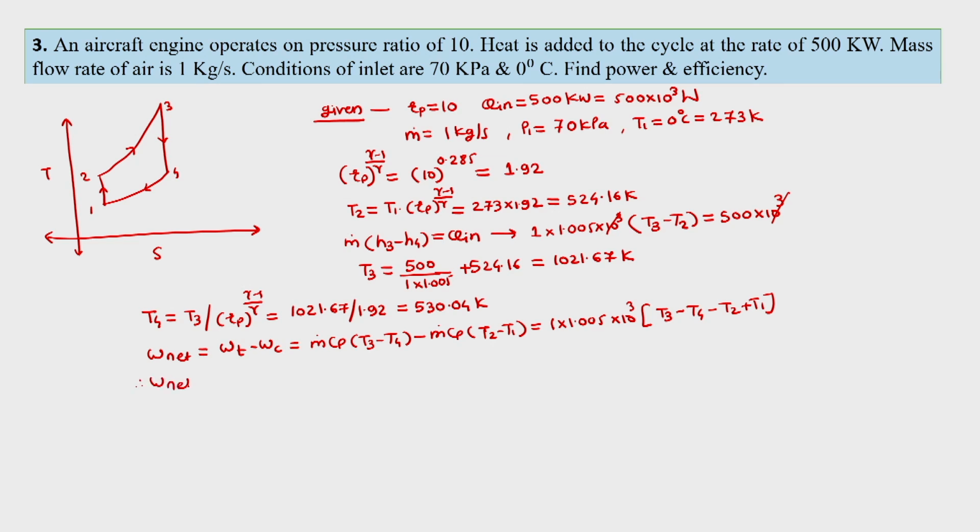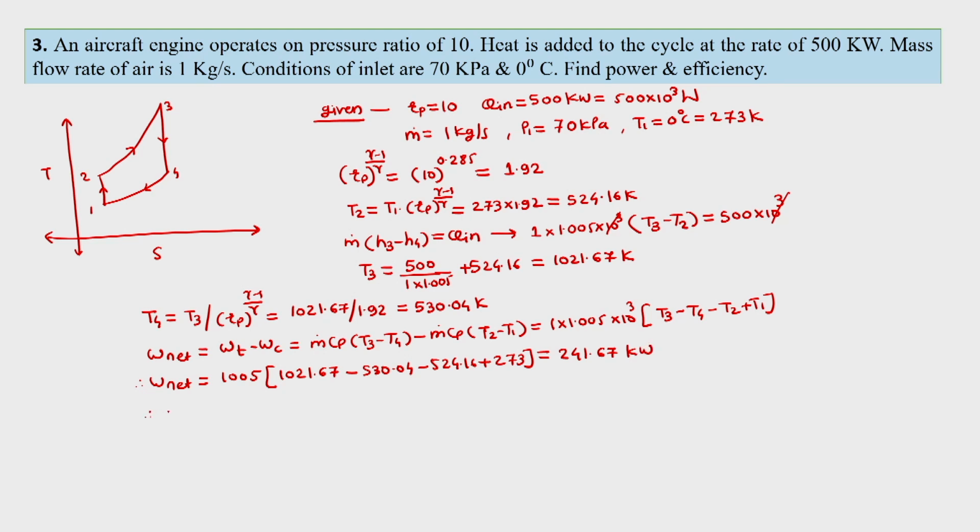So W net is equal to 1005 into T3 is 1021.67 minus T4 is 530.04 minus T2 it is 525.16 plus T1 it is 273, and this gives us net work as 241.67 kilowatt.